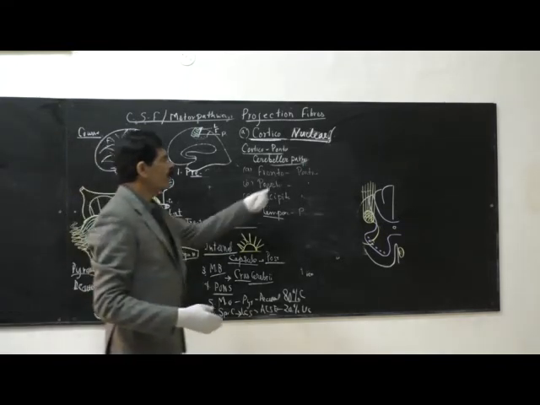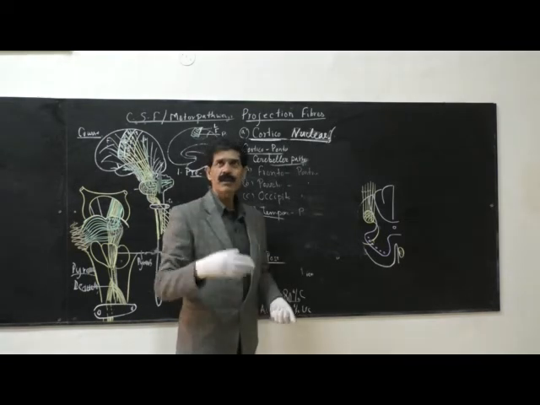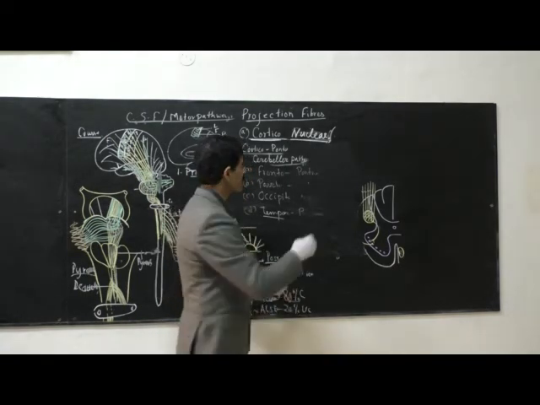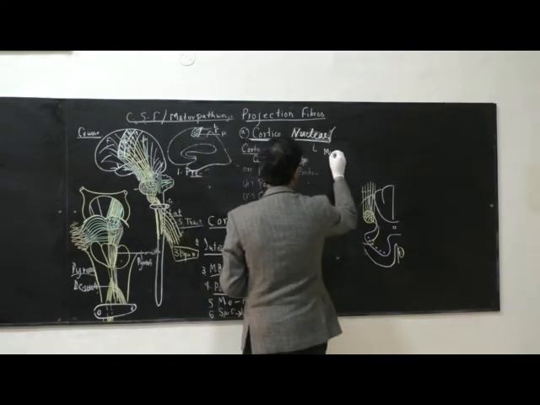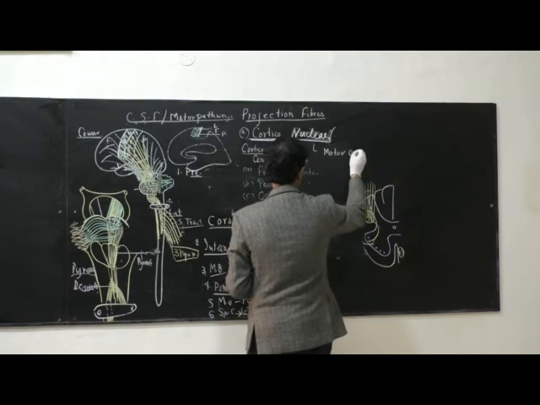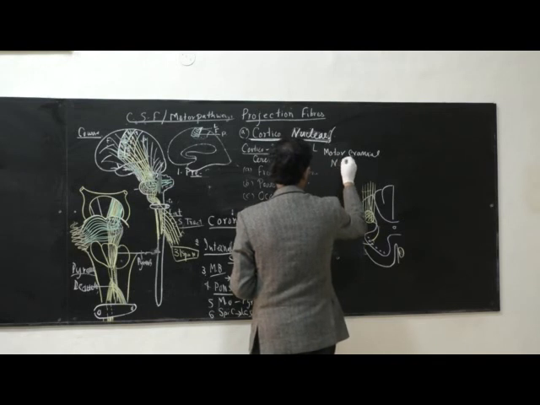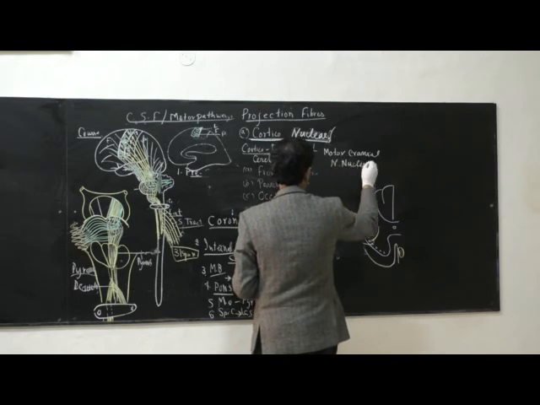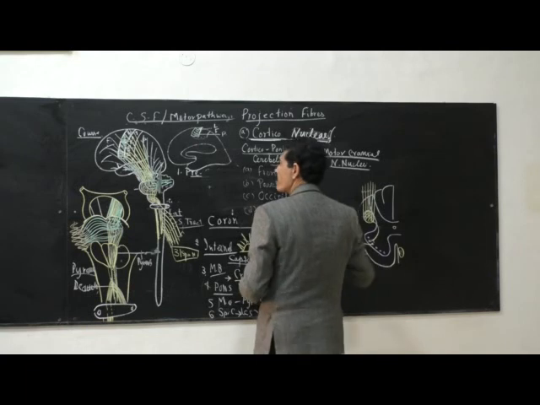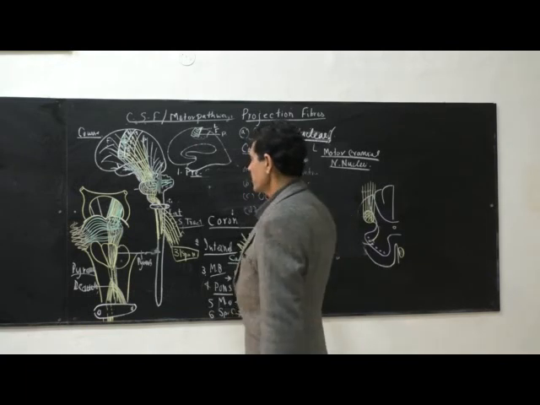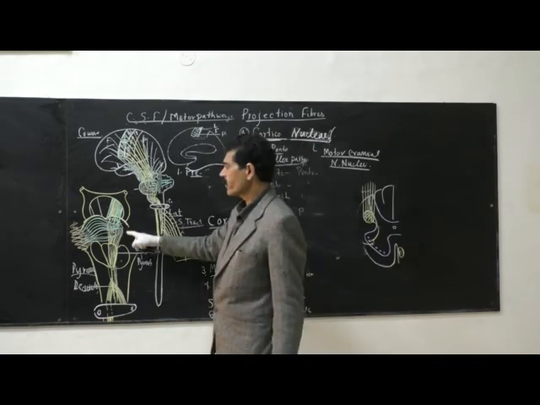Which nuclei are they distributed to? Motor cranial nerve nuclei. So that is why they are called the corticonuclear fibers.